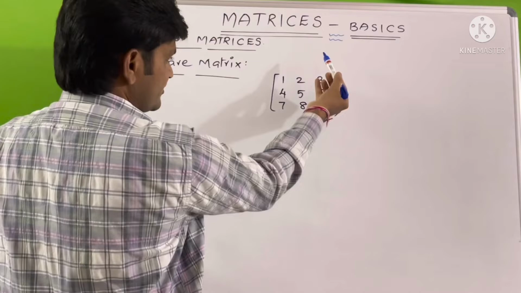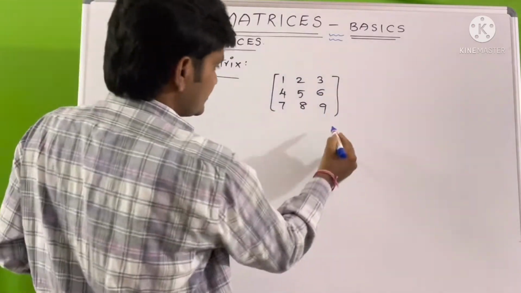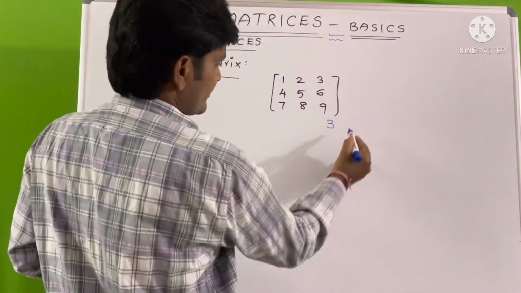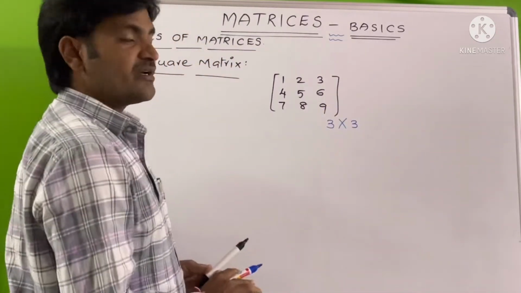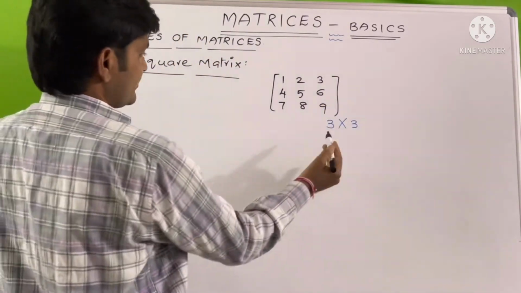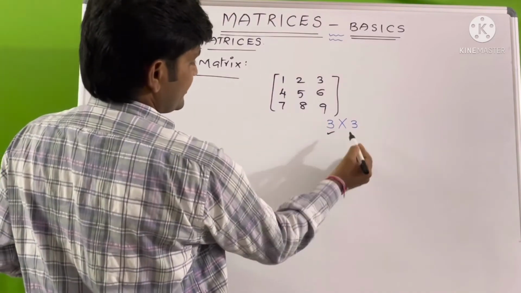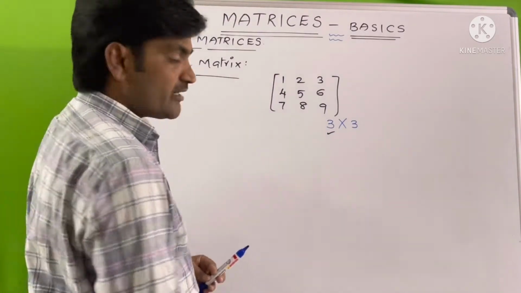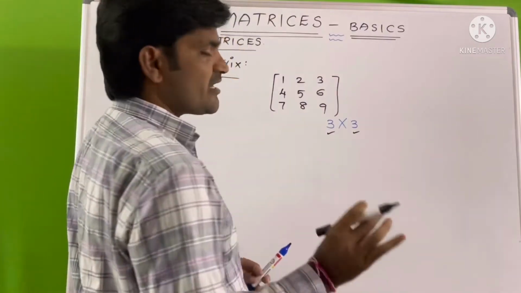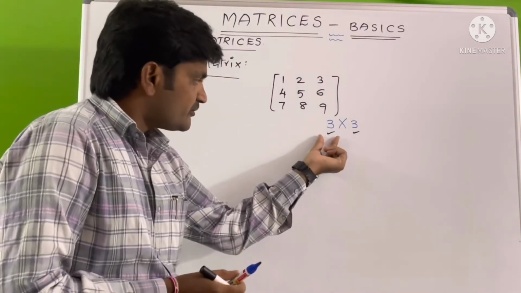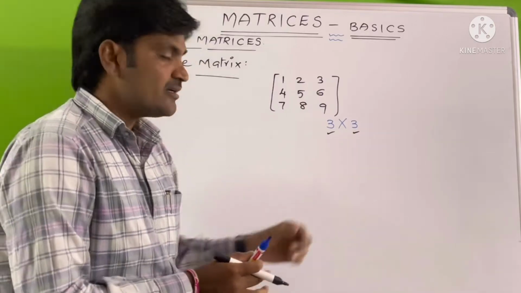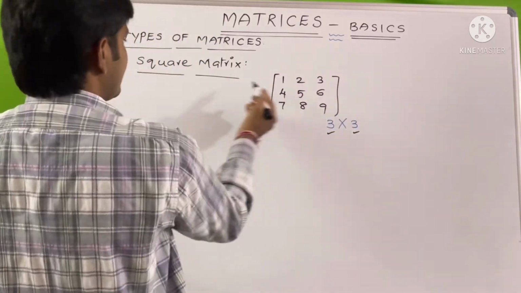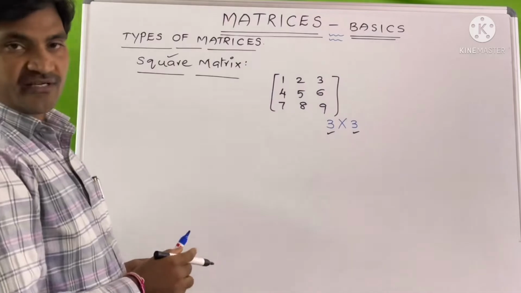How many columns are there? 3 columns. 3 rows and 3 columns. Order is 3 by 3. Whenever a matrix has the number of rows and number of columns equal, then that matrix is called a square matrix.